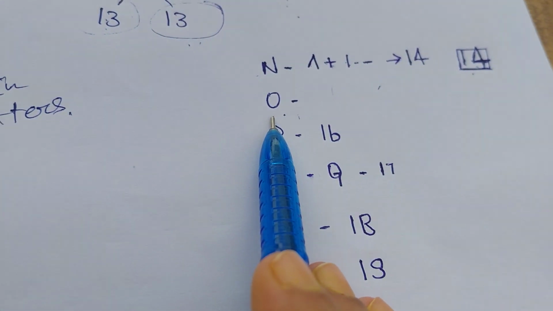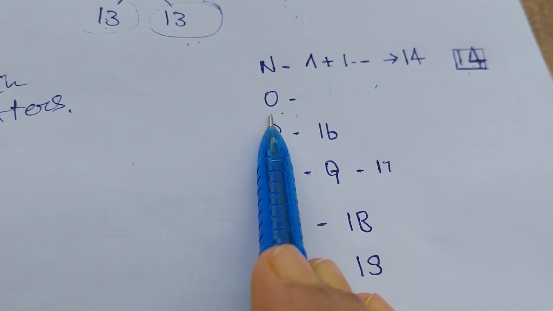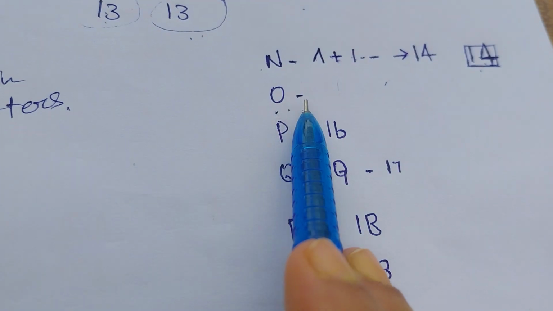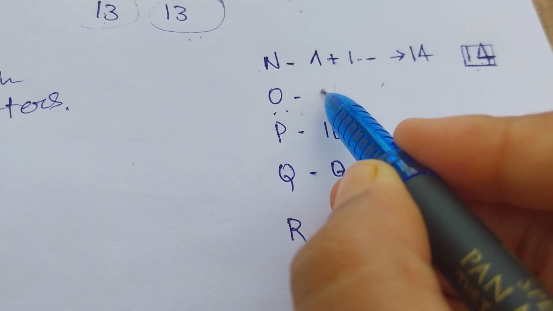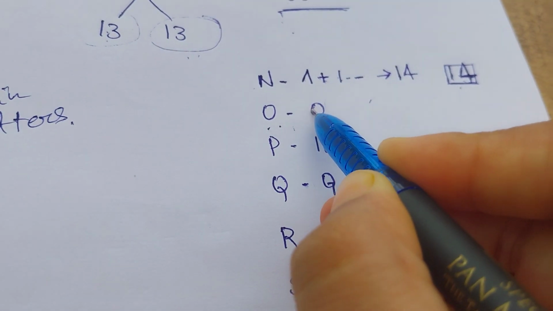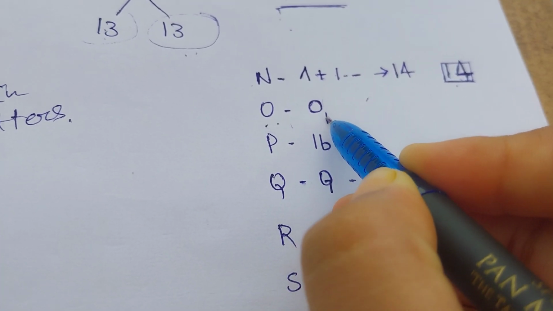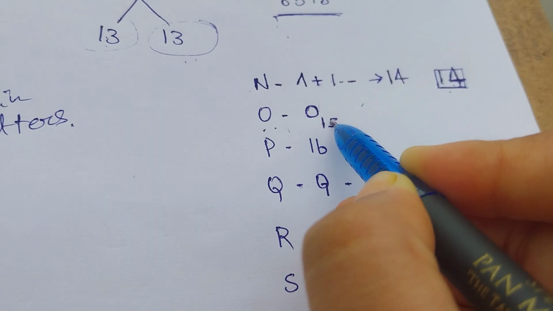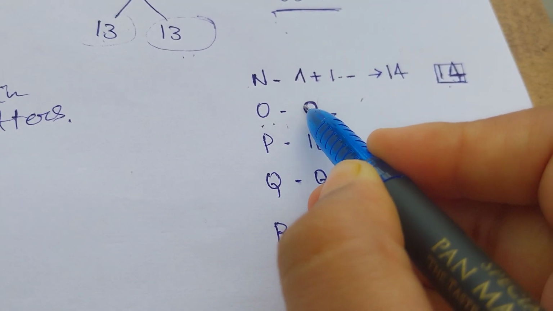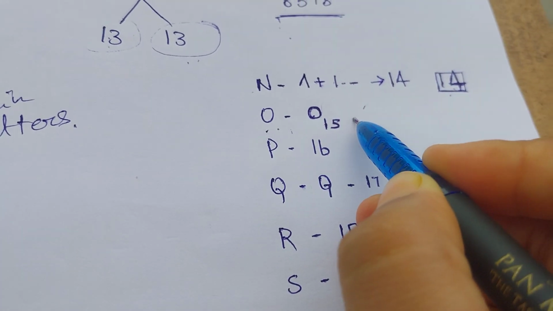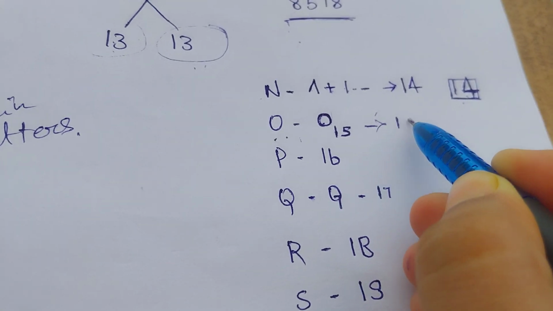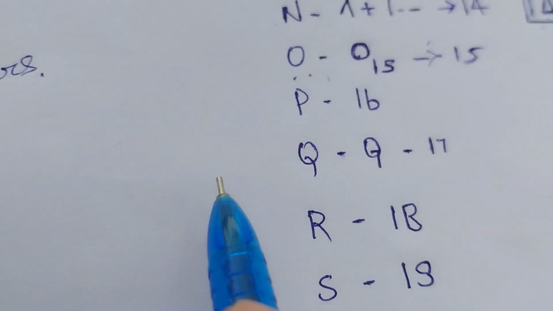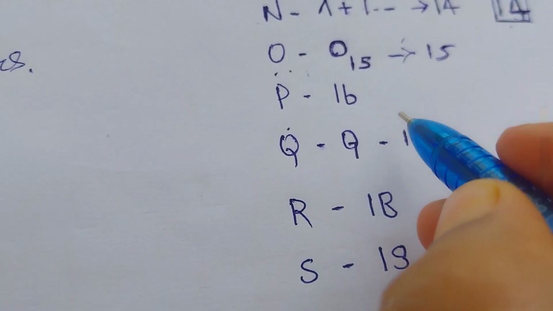O is which element? The 8th element, right? Here the 8th element's molecules are needed, 15. Like we need 15 molecules of our 8th element, oxygen. Yes, so the number for O is 15. Is that clear?